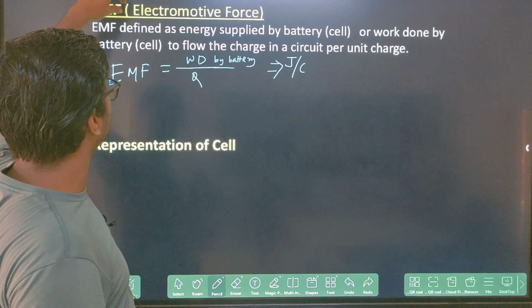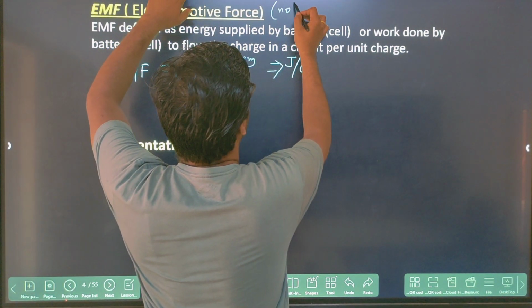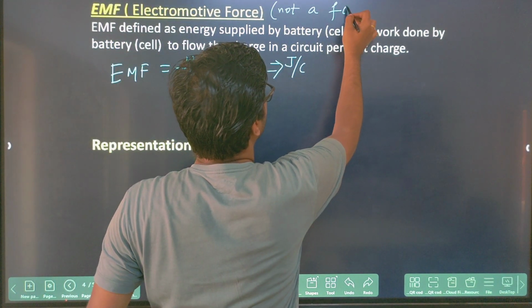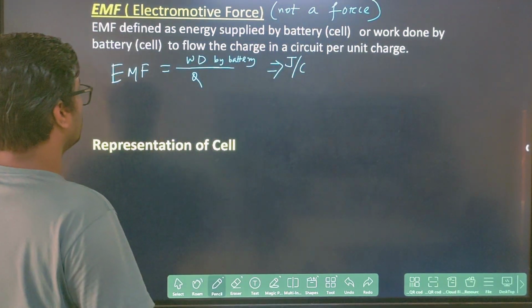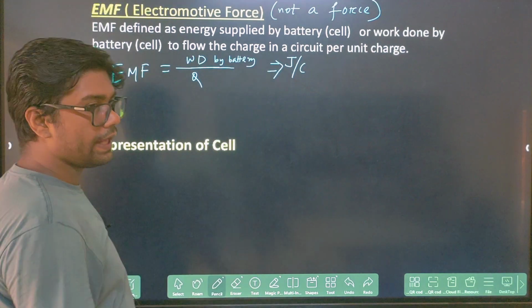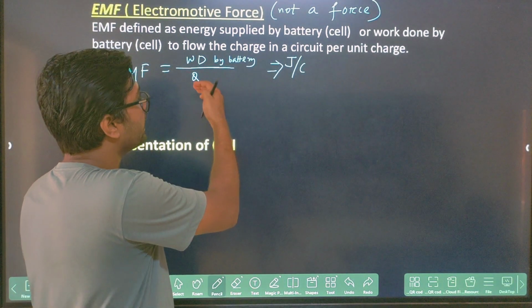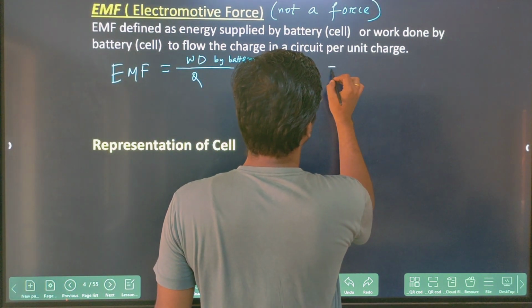You see here, the name is electromotive force, but it is not a force. EMF is defined as work done by the battery to flow a charge in a circuit per unit charge. Can you write down the dimension for it?